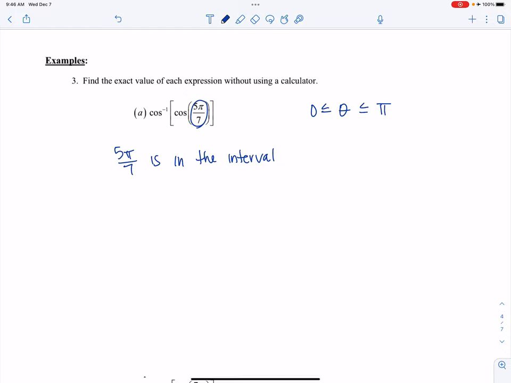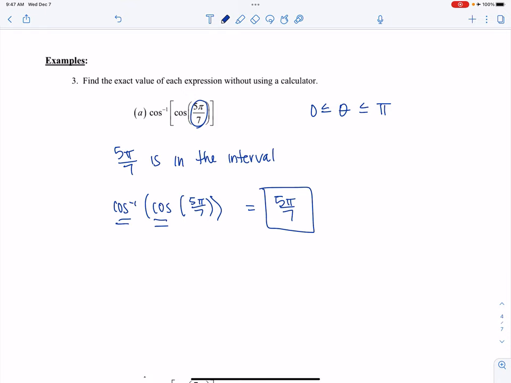So that allows us to take cosine inverse of cosine of 5 pi over 7 without changing anything. Cosine inverse undoes cosine. It's the inverse of it, quite literally. So that leaves us with 5 pi over 7, and that's our exact value.